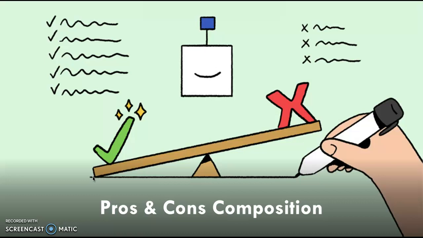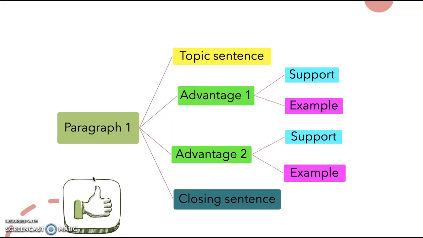So let's start with the structure of the first paragraph. The first paragraph includes a topic sentence, which is a short sentence that shows that you're gonna write a text about advantages and disadvantages. Then you start presenting the first advantage, followed by support and an example or a piece of evidence for that advantage, and then the second advantage, again followed by the support and an example.